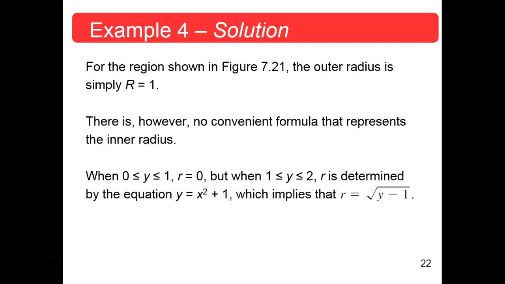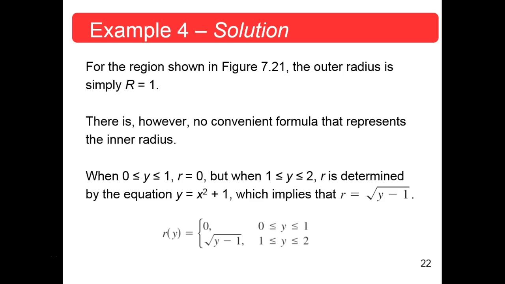it's determined by this equation here, which implies that x squared is equal to y minus 1, x equal to the square root of y minus 1. We only use the positive part because of our original definition that x's are always greater than 0. So there's your inner radius for the upper part.